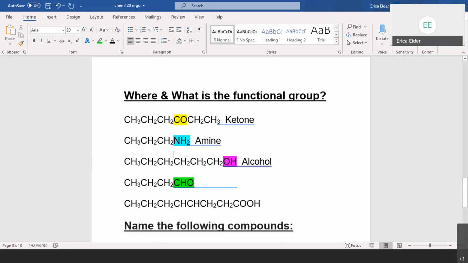So let's see, what functional group do I have that contains all three of those items? And we must remember, if we're using the suggestion of drawing these skeletal structures, we have to remember that carbon is tetravalent, okay? It has the ability to have 4 bonds.